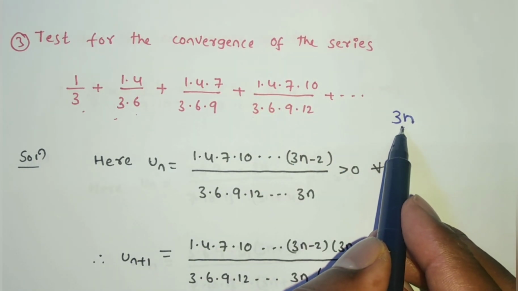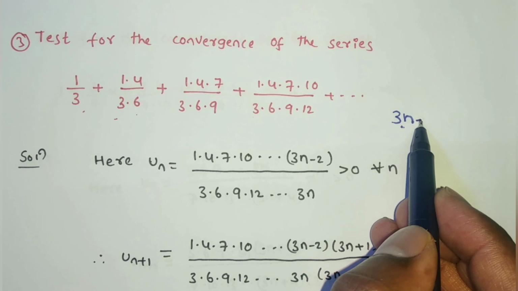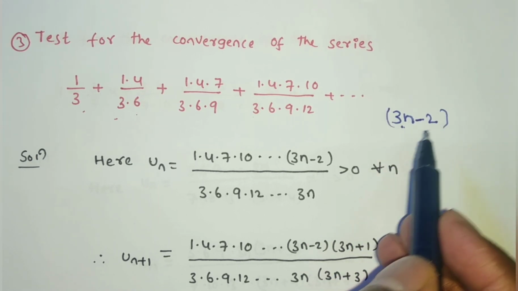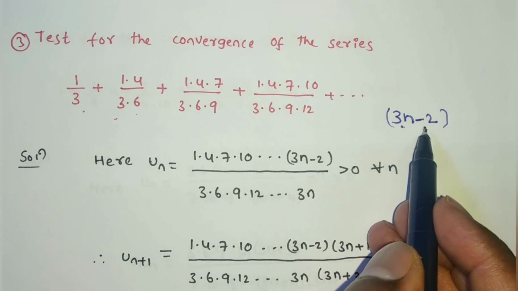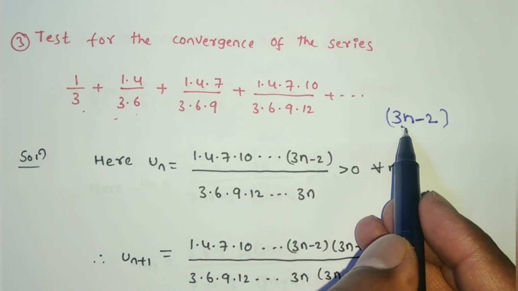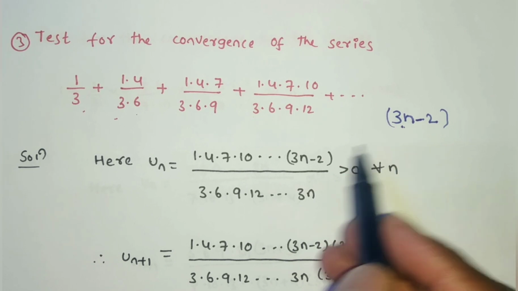We have 3, but here it is 1. So I want to get 1, I am just removing 2 from this. So 3n minus 2 gives 1. Next put n is equal to 2: 6 minus 2 is 4. N is equal to 3: 9 minus 2 is 7. Like this we are getting.